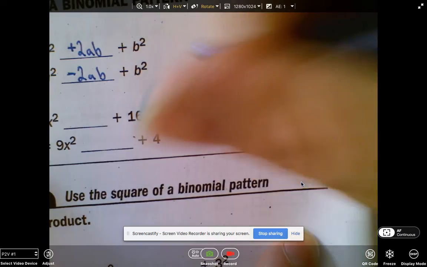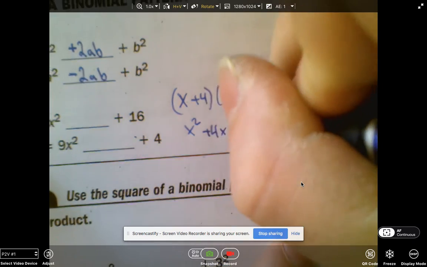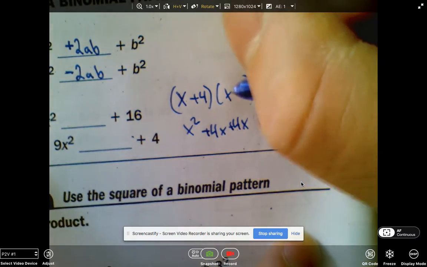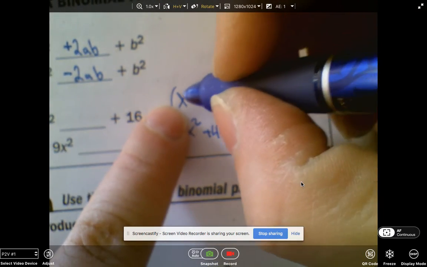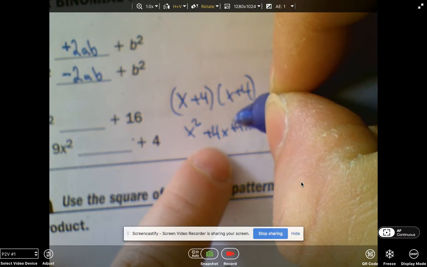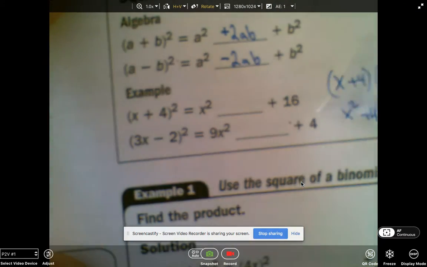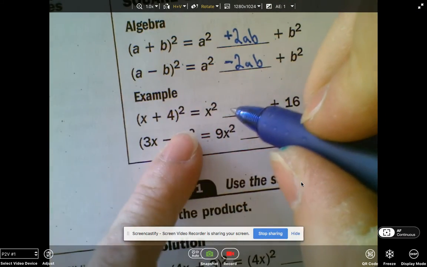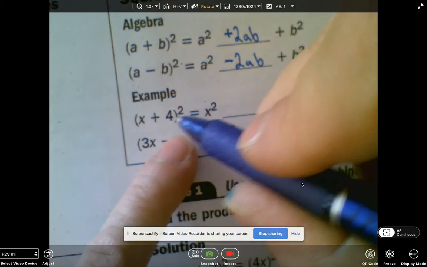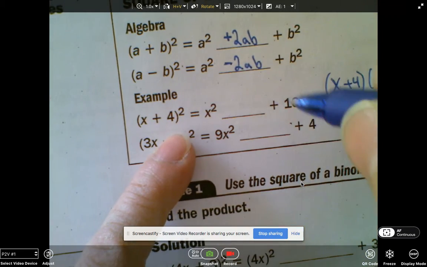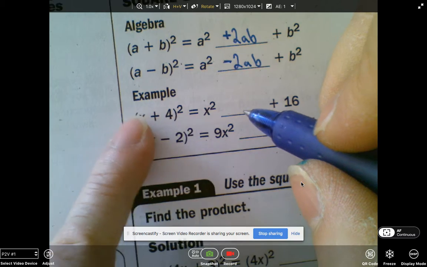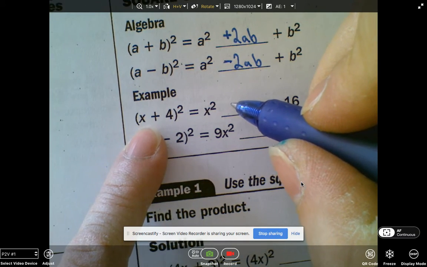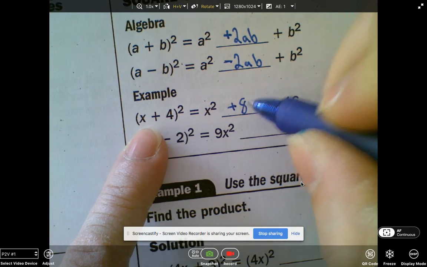That's just 4 squared, and then your inners is plus 4x, and your outers is plus 4x. So it's really just a times b times 2, or double it. So again, you could just write this automatically as x squared plus 16, and then x times 4 is 4x, and if you double 4x, you get plus 8x.